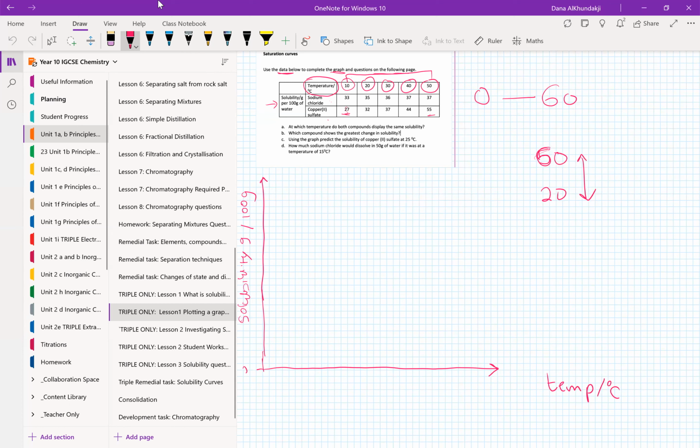So if that's 20, then that could be 30 for you, and then that could be 40, and then that would be 50, and then that would be 60. But that looks like it's a very small scale. So we don't want them to be all crammed in such a small space.